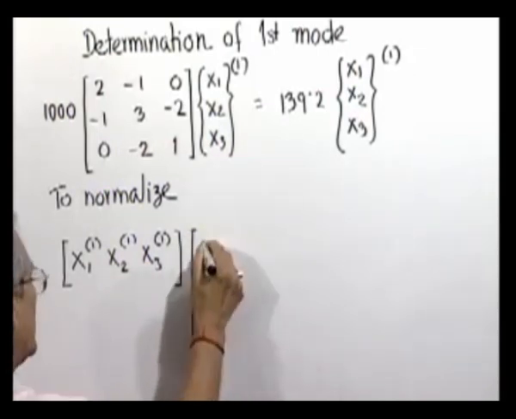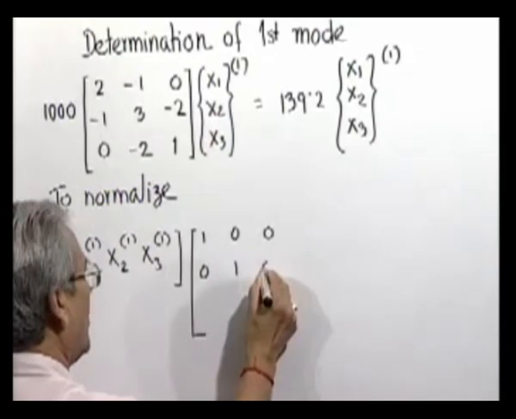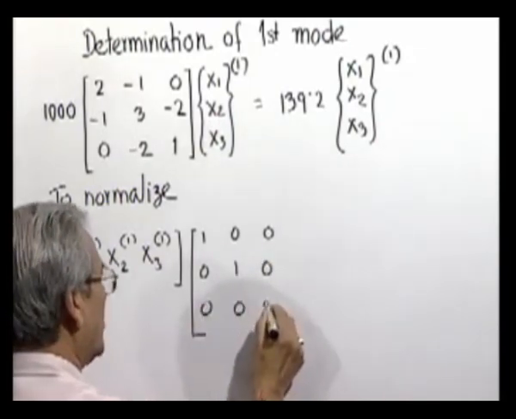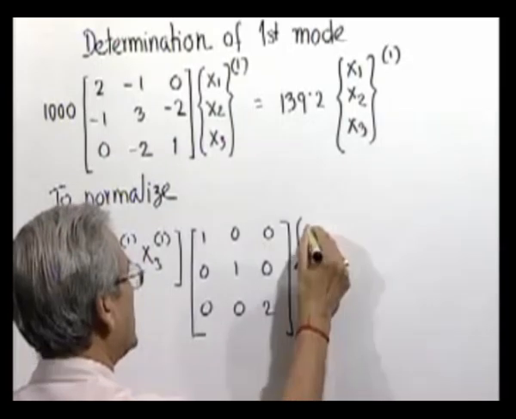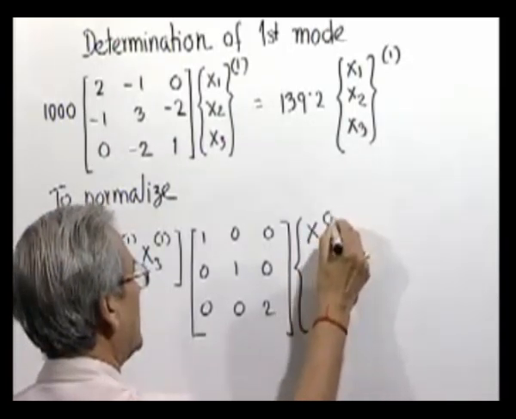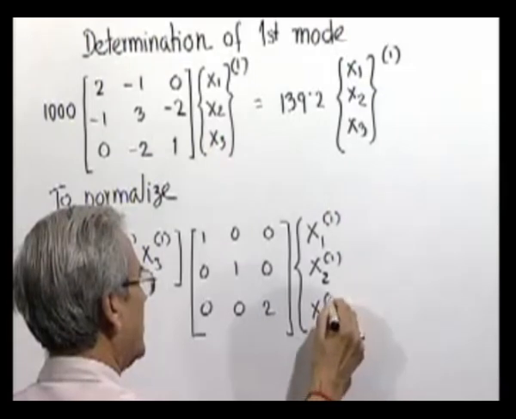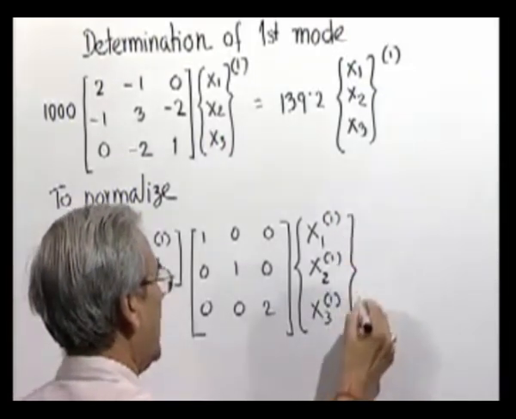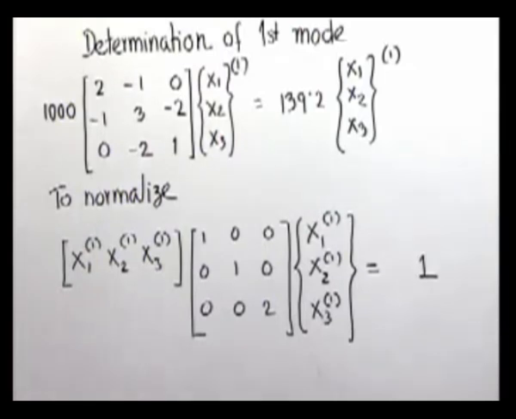The M matrix was 1 0 0, 0 1 0, 0 0 2. That was the M matrix, you must remember, and this was x1 1, x2 1, x3 1, the first mode, and that is equal to 1. That is normalization.